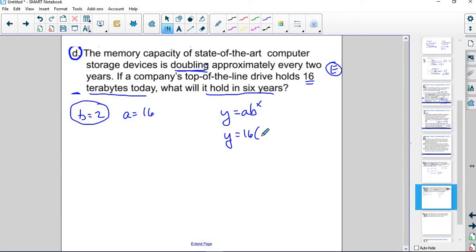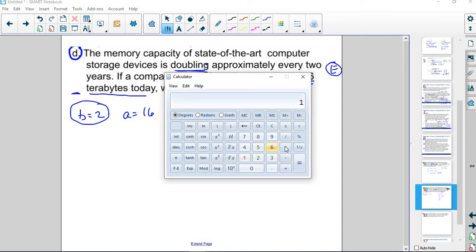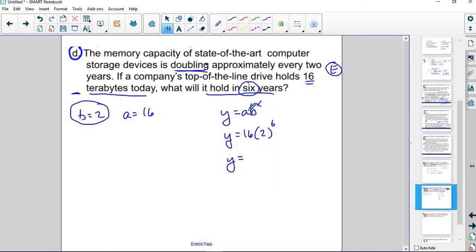So you get 16 times 2 to the 6th power. All right, and I need my calculator for this one. 16 times 2 raised to the 6th power, 1,024. So the answer is 1,024 terabytes. Make sure your units were appropriate. If it's money, then put a $ sign. If it's units, put units. Okay.